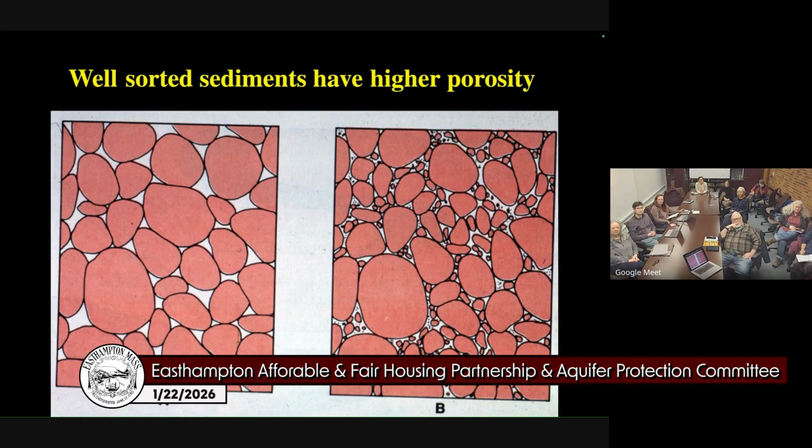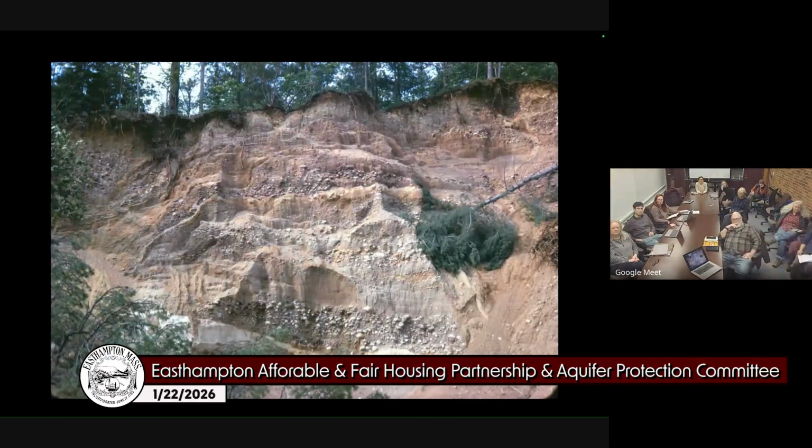So your aquifer material is the pore spaces in the sand and gravel. If you go out and look at gravel pits, that is the aquifer. And in this case, there are layers of gravel and layers of sand. It's well stratified back and forth. This is what the aquifer would look like.